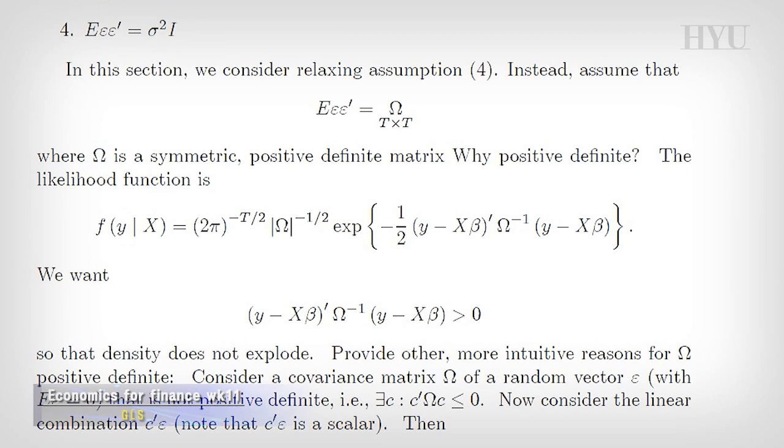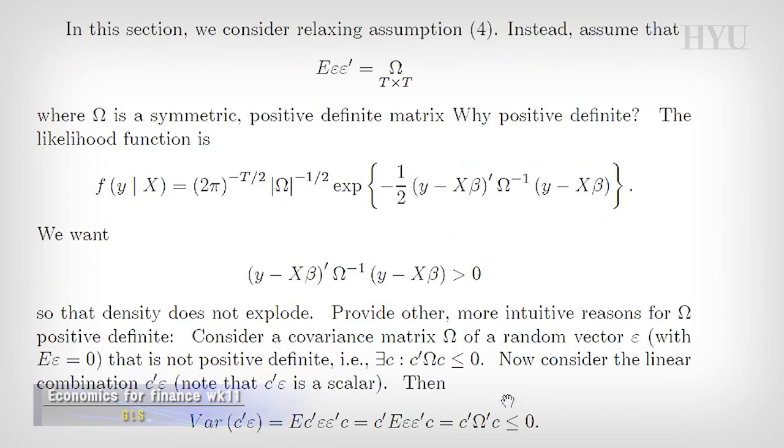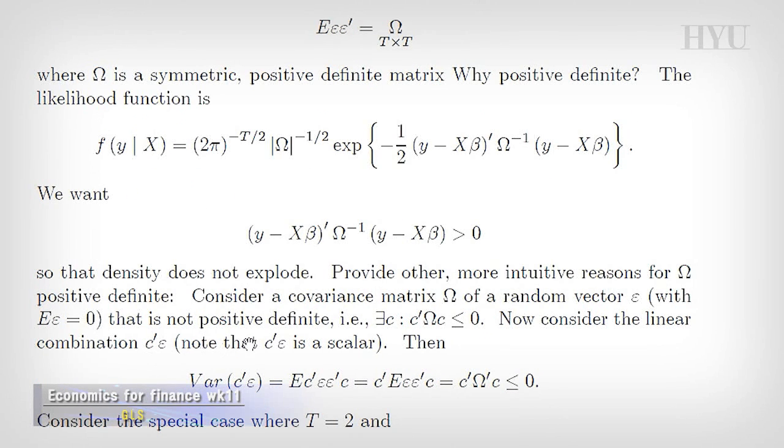Actually, for a more intuitive reason for Omega being positive semi-definite, consider a covariance matrix Omega of a random vector epsilon with mean 0 that is not positive semi-definite, meaning there is some constant vector c such that c' Omega c is less than or equal to 0. Now consider the linear combination c' epsilon.